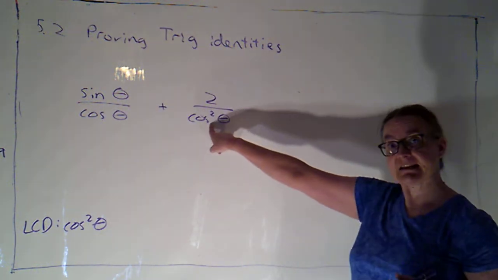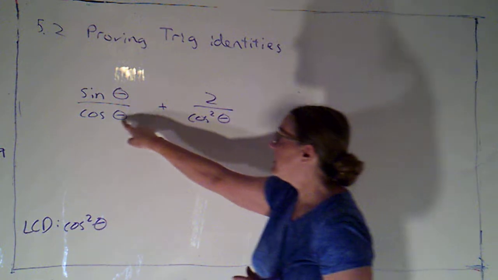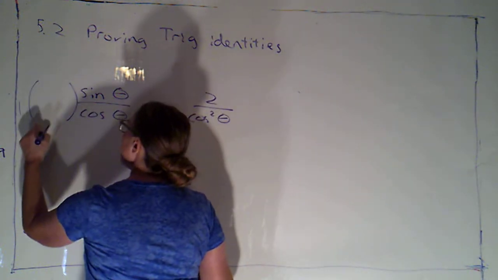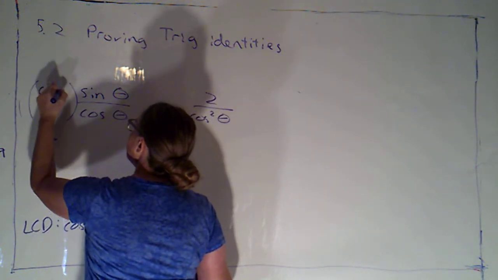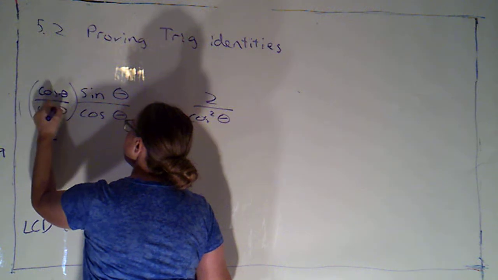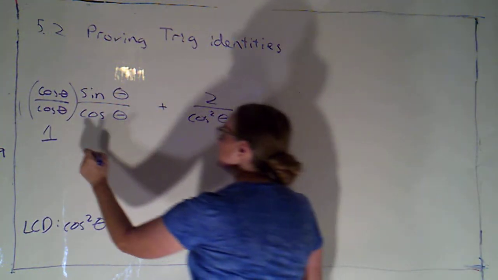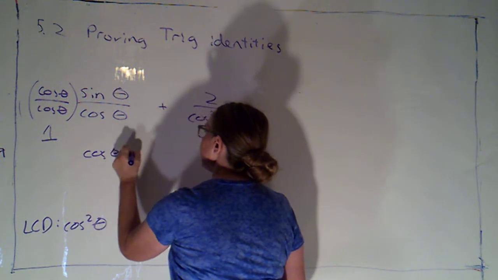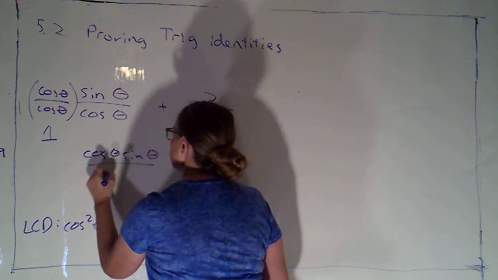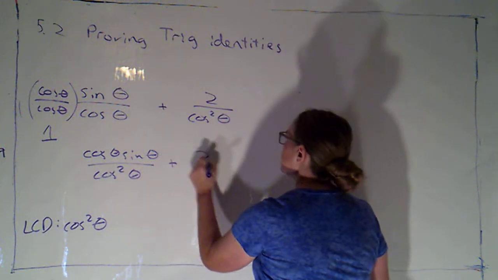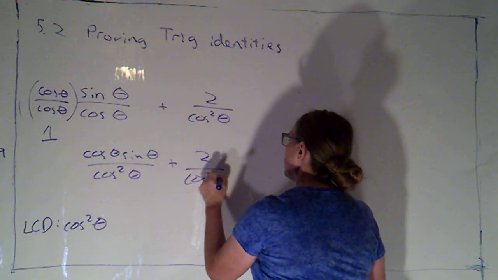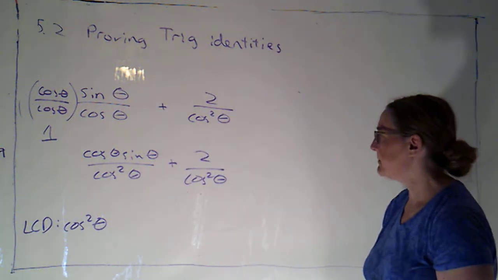This already has that, so I don't need to change it. This I would multiply by 1 in the form of cosine theta over cosine theta to get to that denominator. So then I would have cosine theta sine theta over cosine squared theta plus 2 over cosine squared theta.